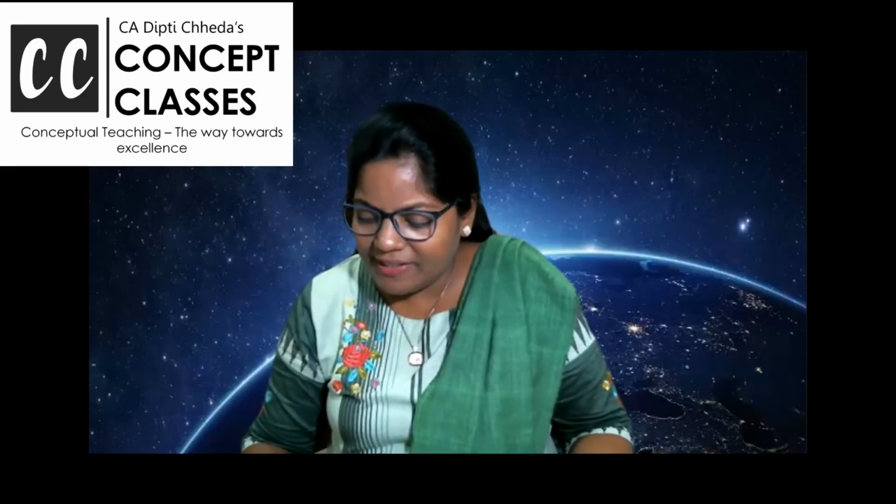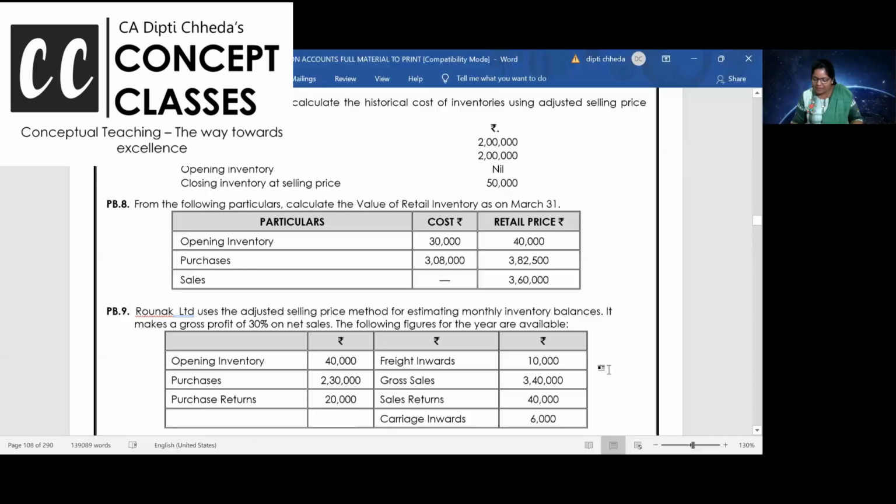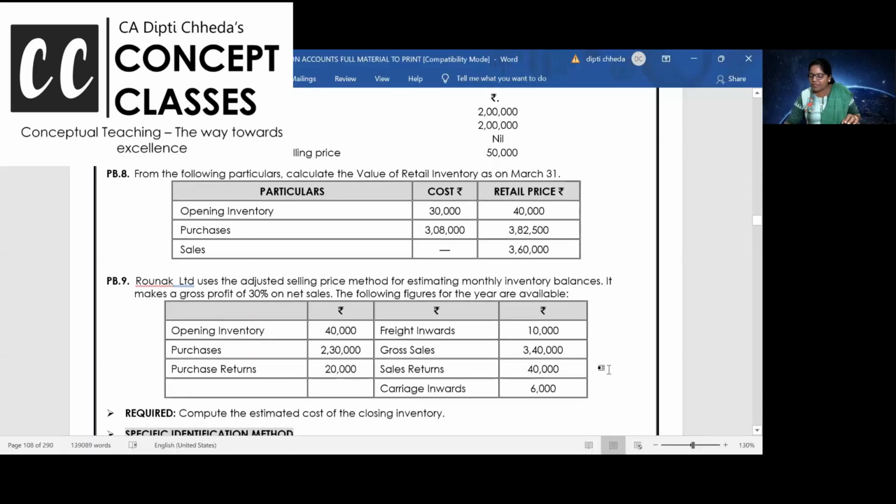We'll take it now, very small ones, and repeat it. Okay, from the particulars given below, calculate the retail selling value of the inventory. Same. This time opening inventory is also there. Abhi tak nahi tha, but now you have the opening inventory also. So with that also can we do this problem?